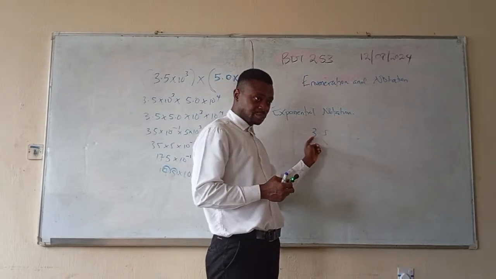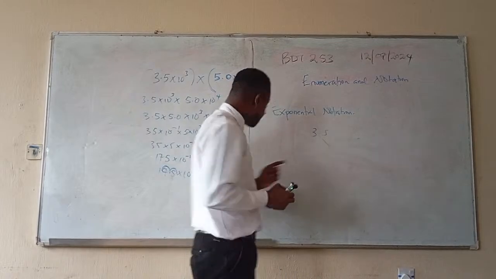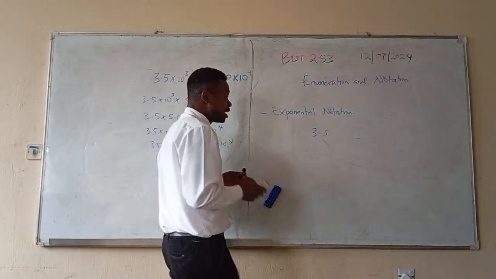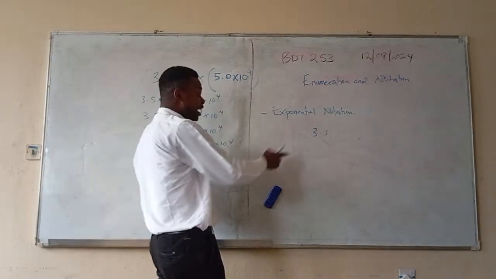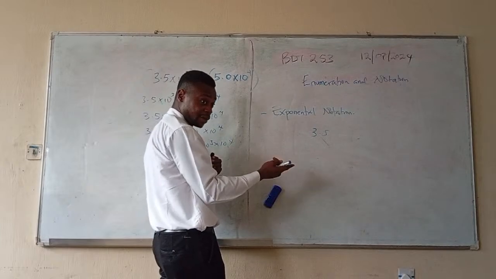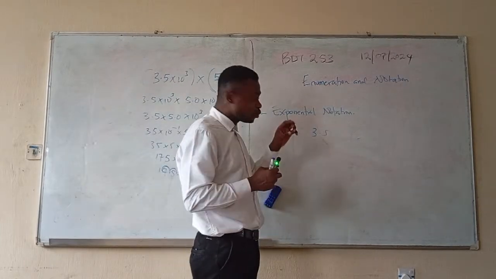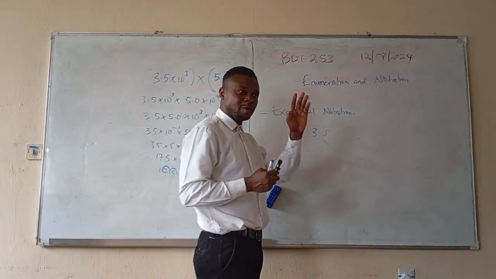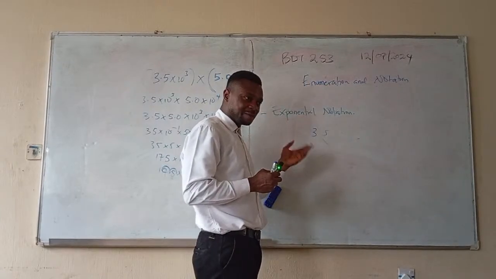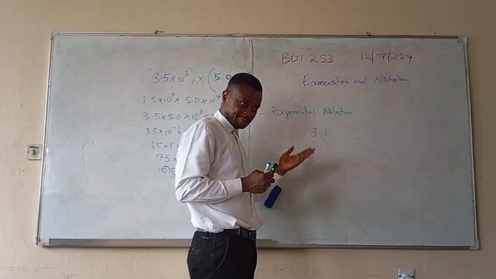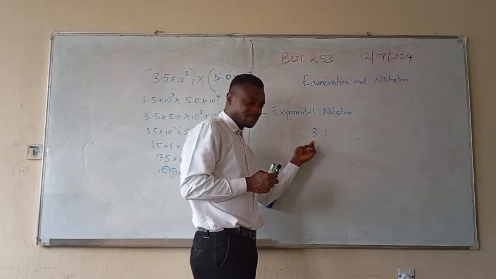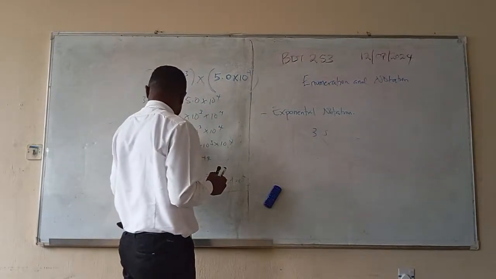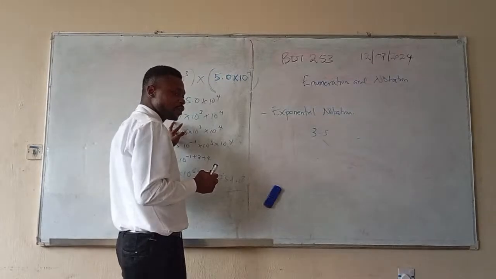Can you move this thing? Remember the reason why I passed through. Left for me alone, I don't need to go through all these steps before I can solve this thing. Am I communicating? But I want to tell you how to solve it without punching a calculator or trying to crack your brain. Remember what we discussed yesterday? Now this is 3.5. In multiplication like this, 3.5 times 5.0.